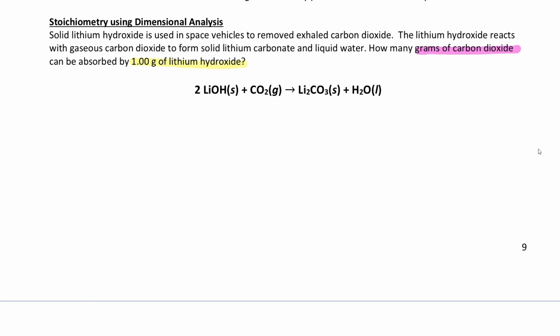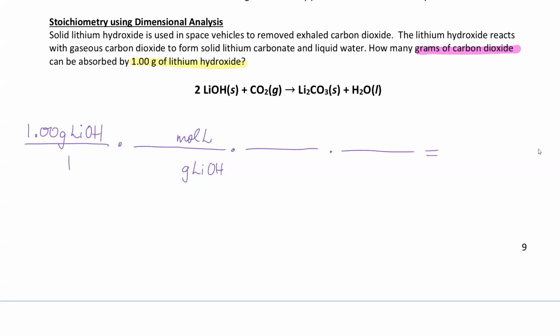So if we're going to solve this using dimensional analysis, we're going to start with that 1 gram of lithium hydroxide. And then we're going to need some more spaces. I like to set mine up first and then plug everything in, right? I want to go from grams of lithium hydroxide into moles.